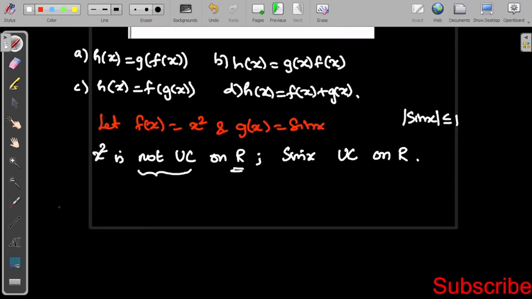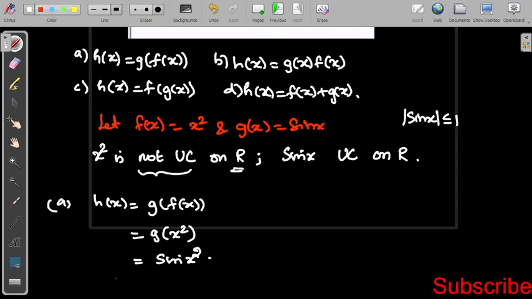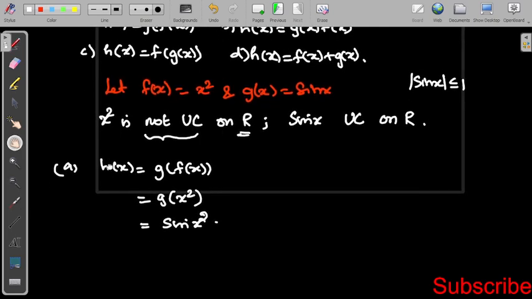The first one, option A, h(x) = g(f(x)). So g(f(x)) is g(x²), which is equal to sin x². Now I am taking the derivative.